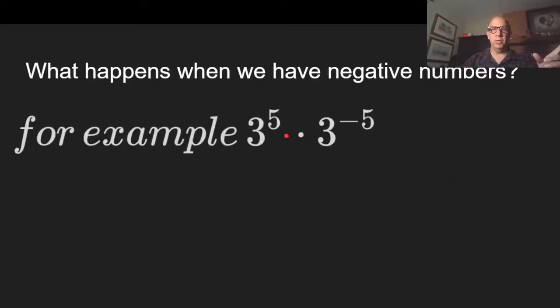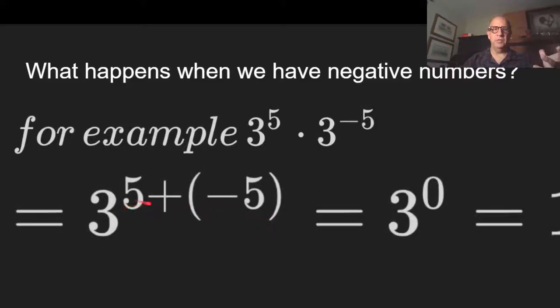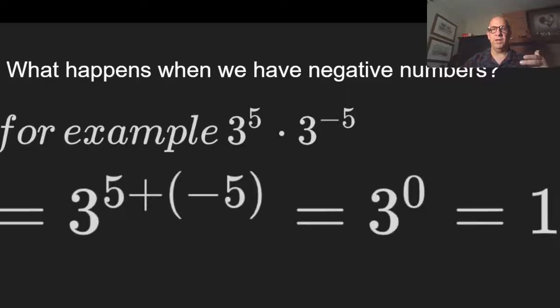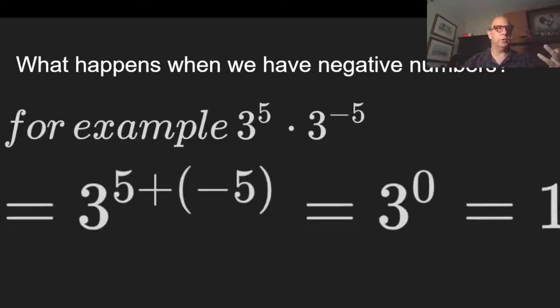So this should be 3 to the 5th plus a negative 5. And we remember that from last year, that cancels each other out. We've got a 0. So 3 to the 5th plus a negative 5 is 3 to the 0, which is 1. So our negative exponents are still working.